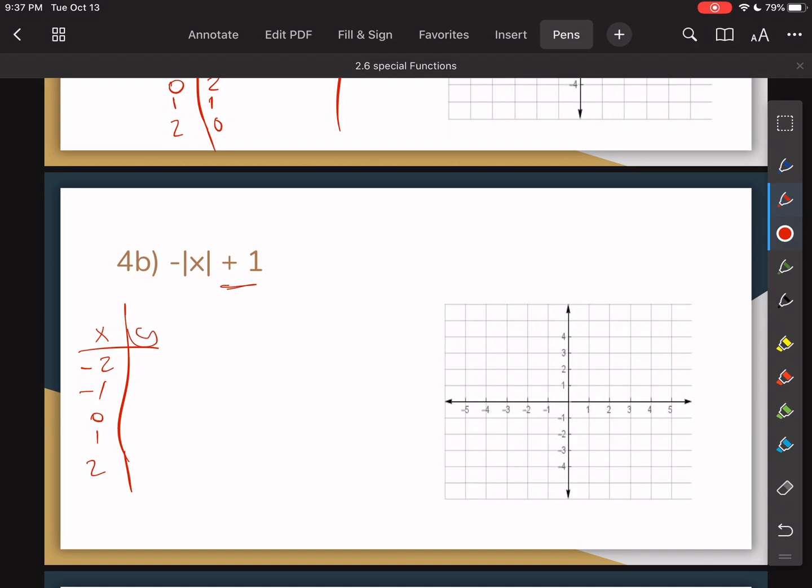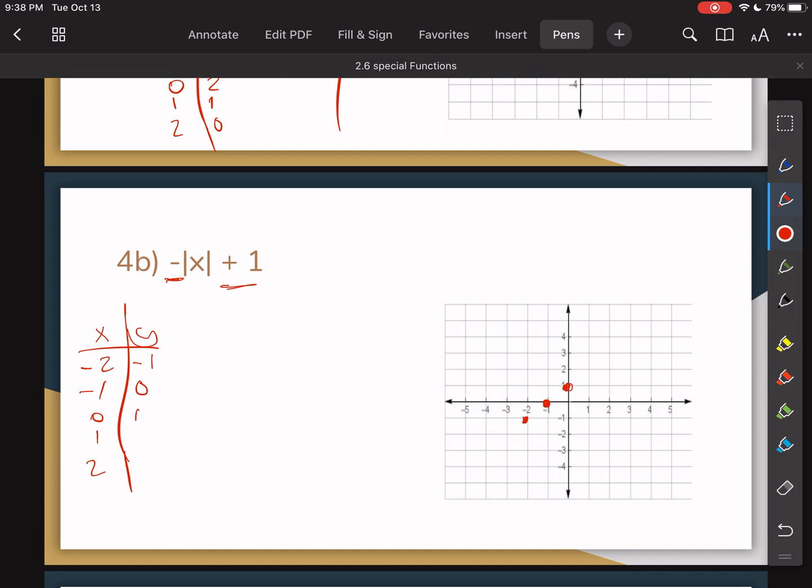If I plug a -2 in there, absolute value of -2 is 2, then it's negative because the negative's on the outside. So I have negative 2 plus 1, which is negative 1. So at negative 2, I'm at negative 1. If I plug a negative 1 in, absolute value of negative 1 is 1, but then I take the negative of that, it's negative 1. Negative 1 plus 1 is 0. So at negative 1, I am at 0. Then if I plug a 0 in, I'm at 1.